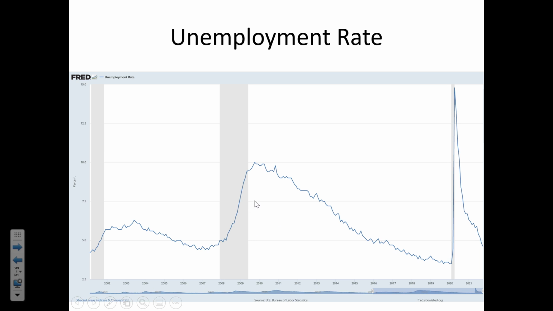So as far as inflation goes, remember the relationship: when unemployment is high, there's less pressure on the economy because there aren't as many dollars chasing fewer goods. But when unemployment is low, wages are relatively higher, and then you have more dollars chasing the same number of goods.